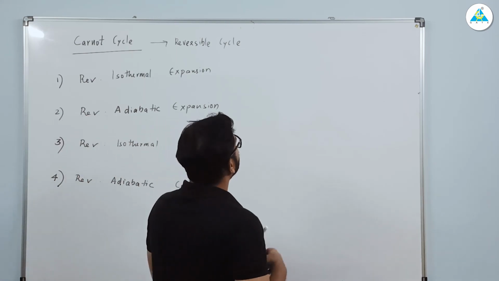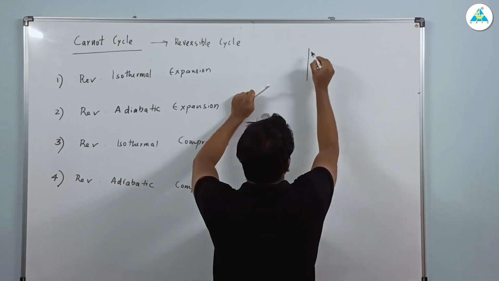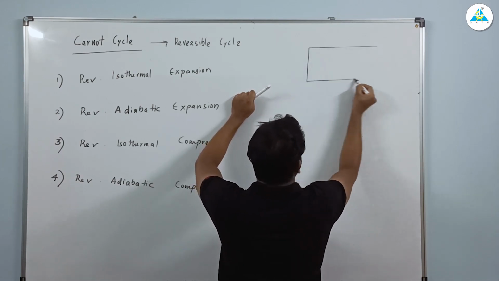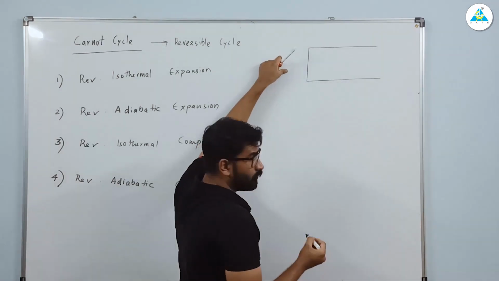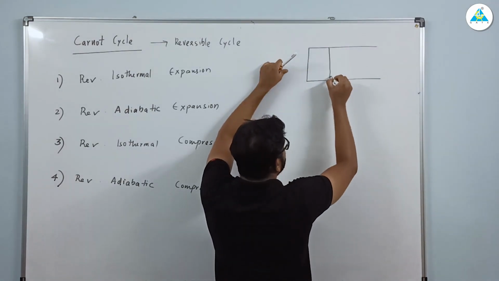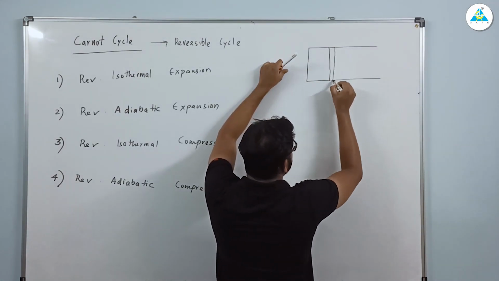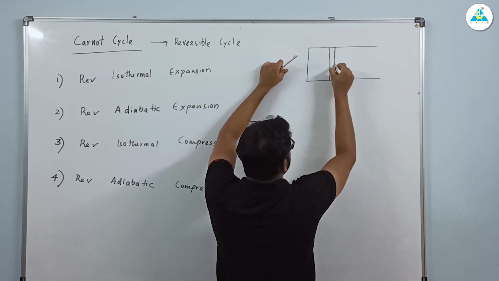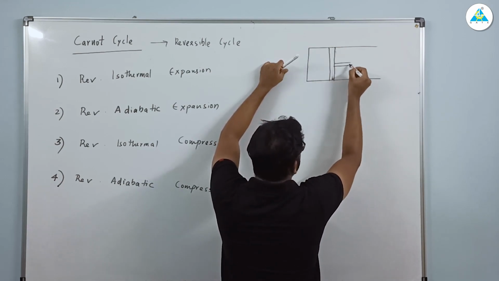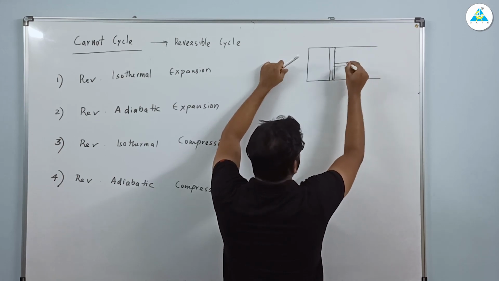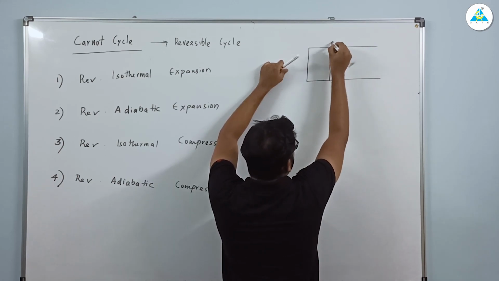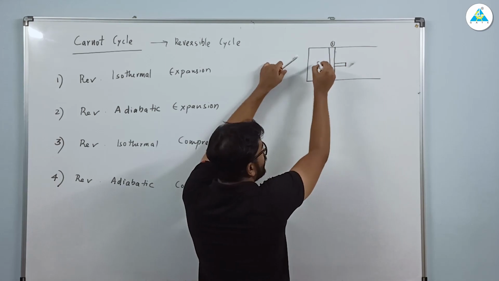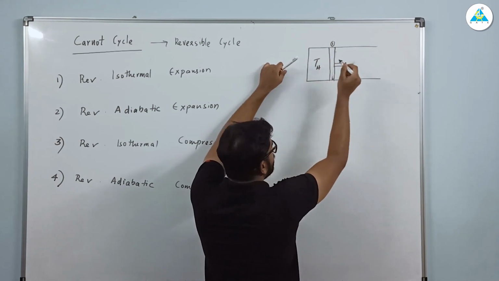So do one thing, let's consider a system. It is a closed system, and there is a piston cylinder arrangement. This is my piston cylinder arrangement, this is my piston and this is my state 1. We have a gas at a temperature TH.